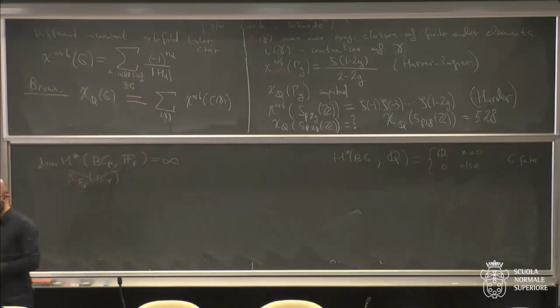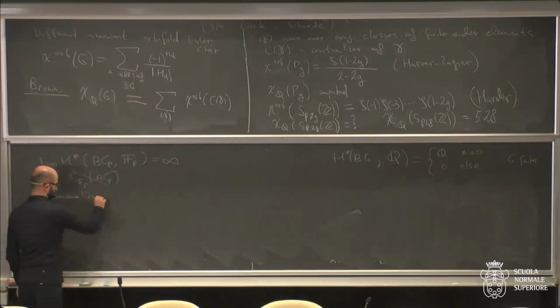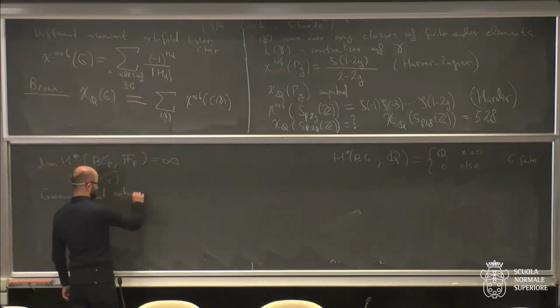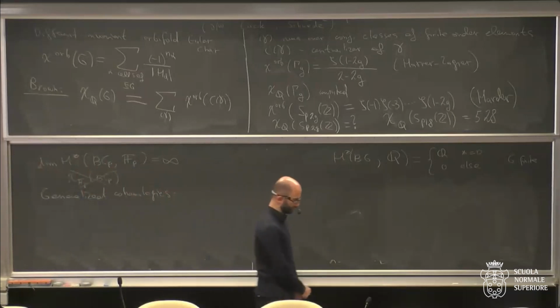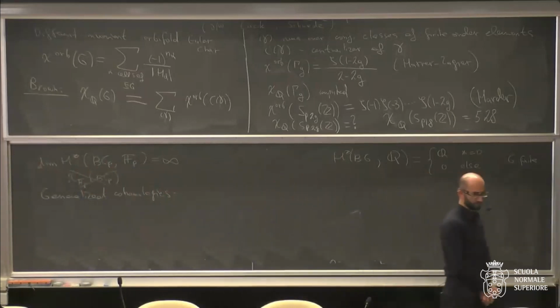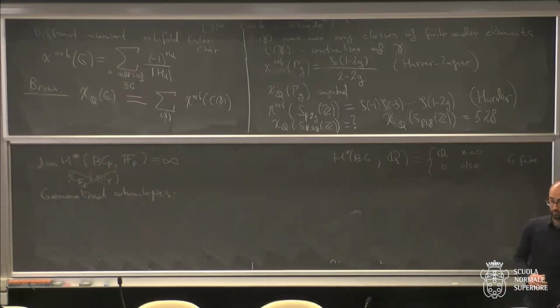But there are more fancy cohomology theories which allow you to actually compute more stuff, and these are the generalized cohomologies. The generalized cohomologies are your usual good old cohomologies, satisfying all the properties you know. When you study cohomology, you learn about Mayer-Vietoris, homotopy invariance, excision, blah blah blah.